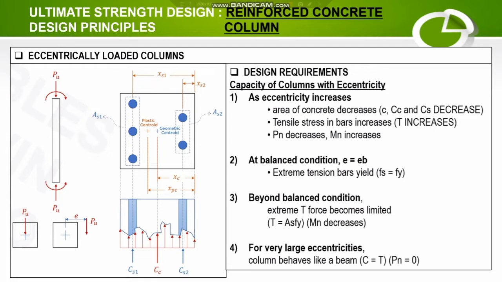Number two, at balance condition where e is equal to eb, the extreme tension bars yield, or fs is equal to fy. Number three, beyond balance condition, the extreme T force becomes limited. Thus, T is equal to AsFy and Mn decreases. Number four, for very large eccentricities, the column behaves like a beam, where C is equal to T and Pn is equal to 0.